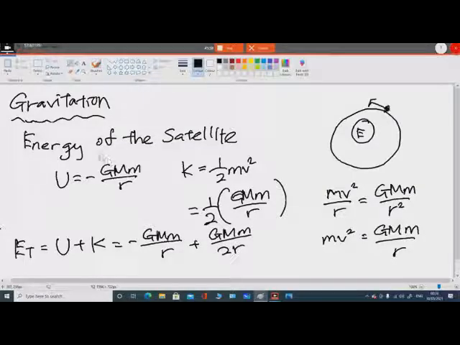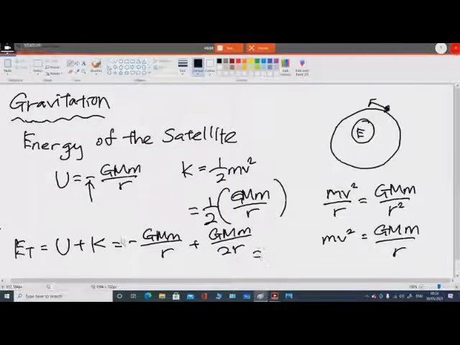There is a note here that the negative sign in the gravitational potential energy is necessary in calculation.